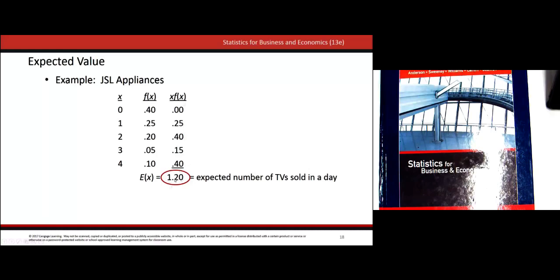Once you add this, it is 1.2. This is the expected number of TVs sold in a day. For example, if they make $100 profit for each television sold, then 1.2 times 100, so $120 is their expected daily profit.